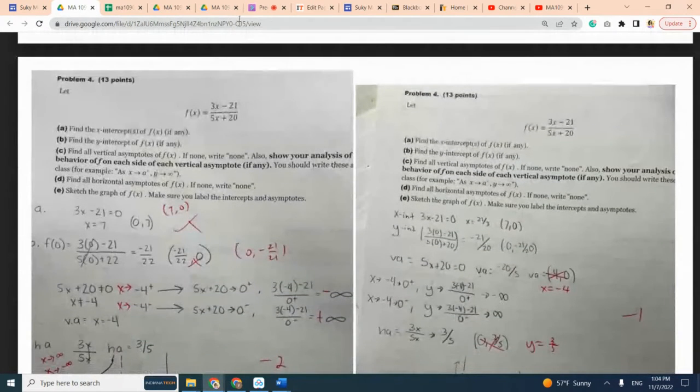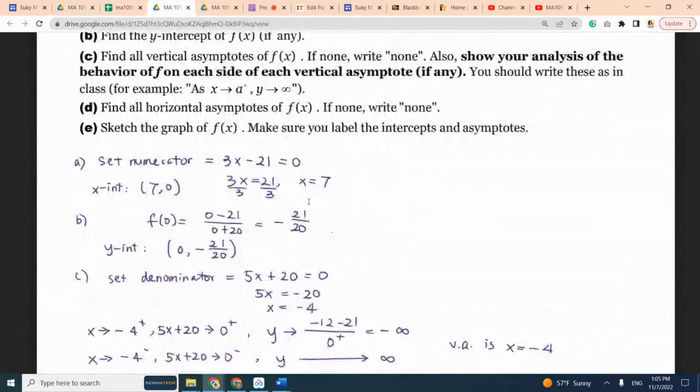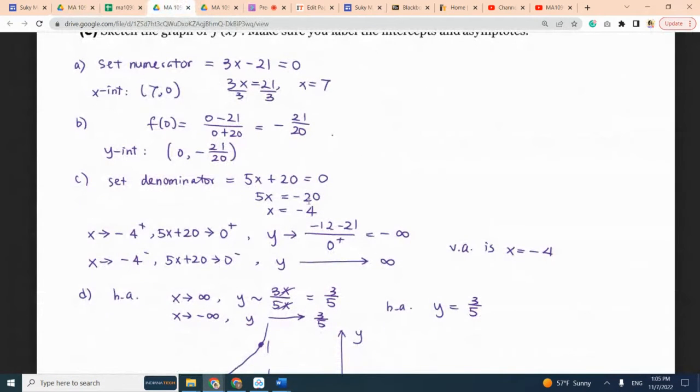Okay, so problem 4. First, we set the numerator equal to 0 to find the x-intercept. The x-intercept is a point. And then we plug in x equal to 0 to find the y-intercept. And then we set the denominator equal to 0 to find the vertical asymptote. And we let x go to that number from the right and from the left to see whether y goes to infinity or minus infinity.